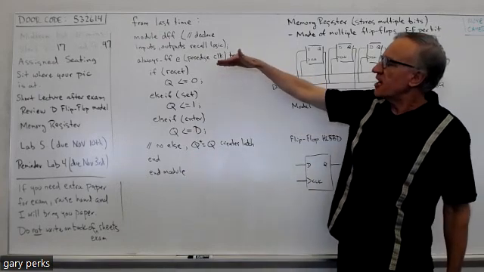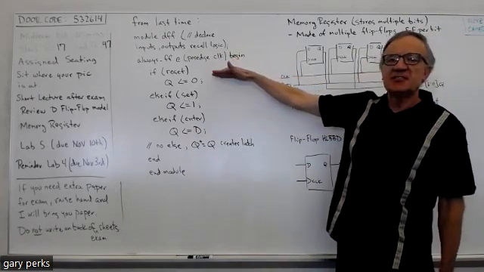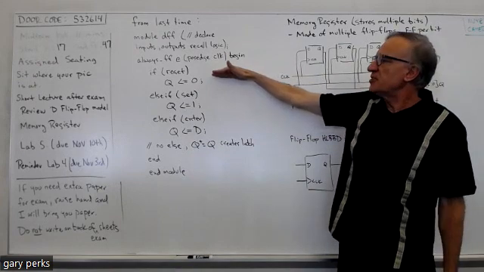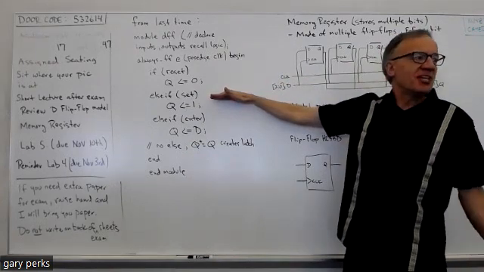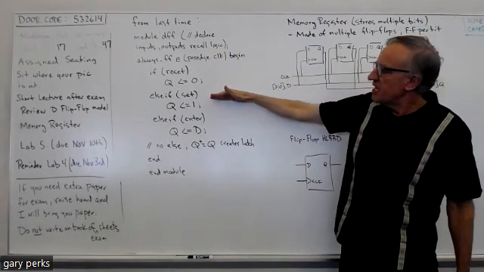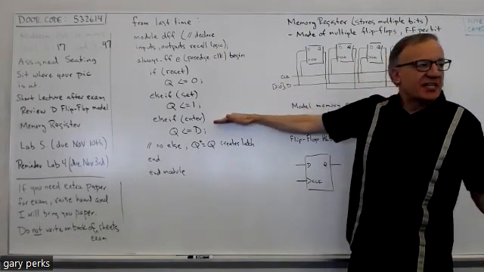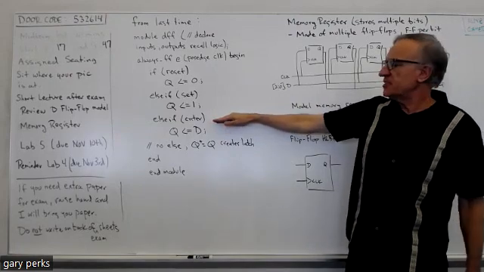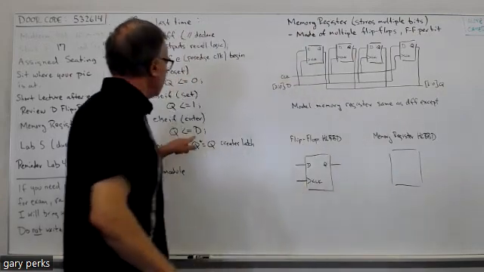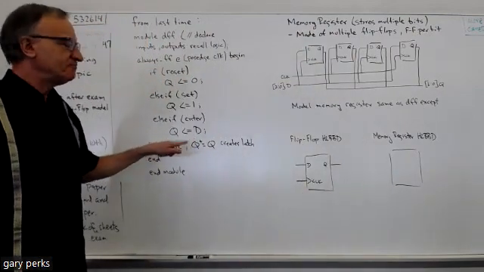Because with this flip-flop, if we're not resetting it, and remember, reset means that it'll make Q equal to 0, and if we're not setting it, and remember, set means making Q equal to 1, and if we're not loading it or entering it or enabling it, and again, enter, enable, and load all mean the same thing, where you're assigning Q to whatever's on the D input.